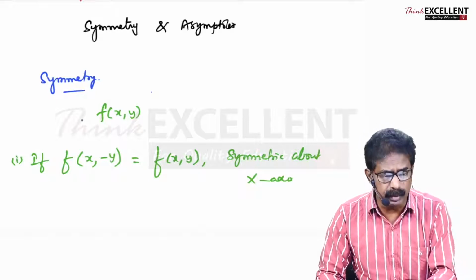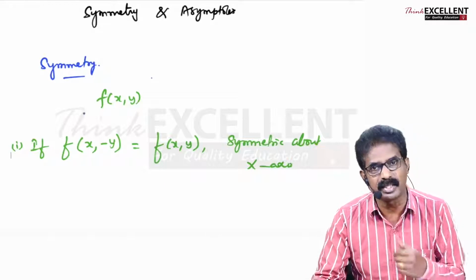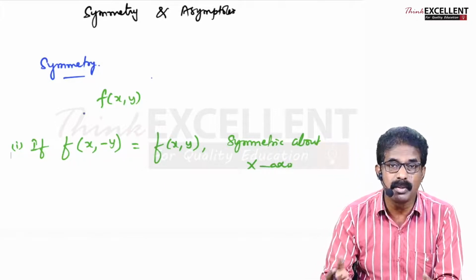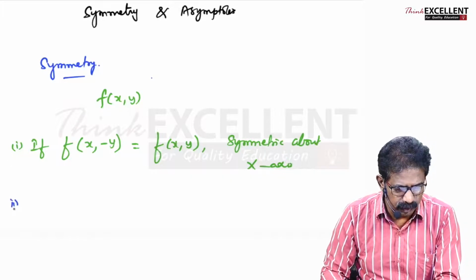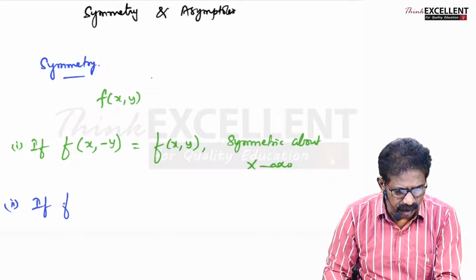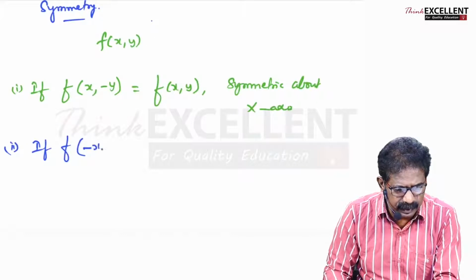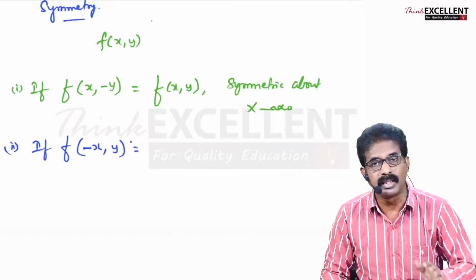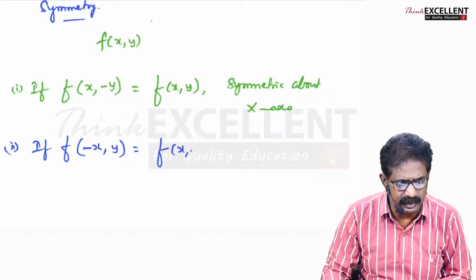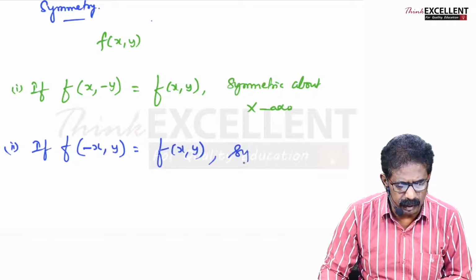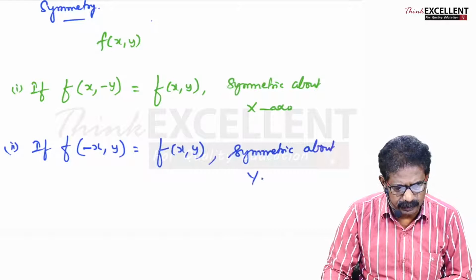How to check whether the curve is symmetric about the y-axis? For the x-axis, we change the sign of y; for the y-axis, just the opposite, you change the sign of x. So you find f of minus x comma y, no change in y. We are replacing x by minus x, and if there is no change in the answer, then you say the curve is symmetric about the y-axis.